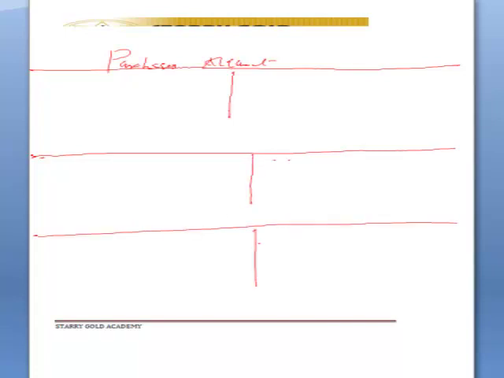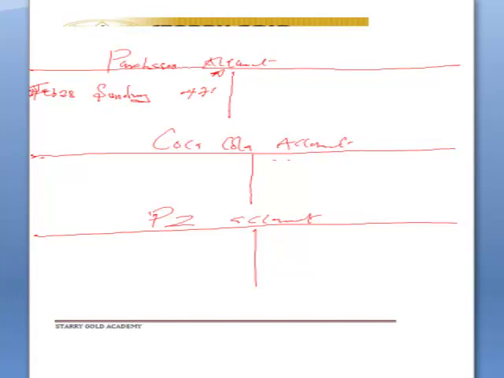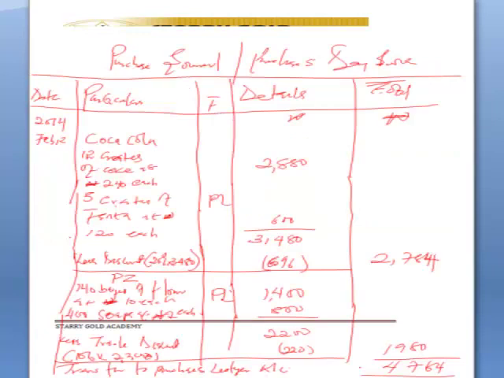We shall open one for Coca-Cola, then we now have the PZ account. So February 28, sundry, the total will come here: 4,764. Is that the total? Yes, 4,764.